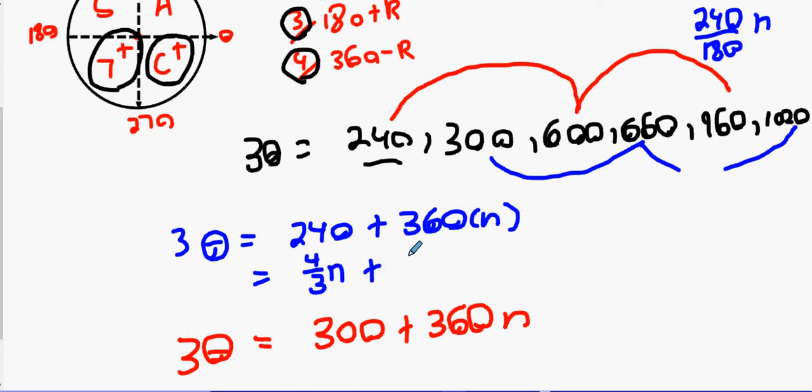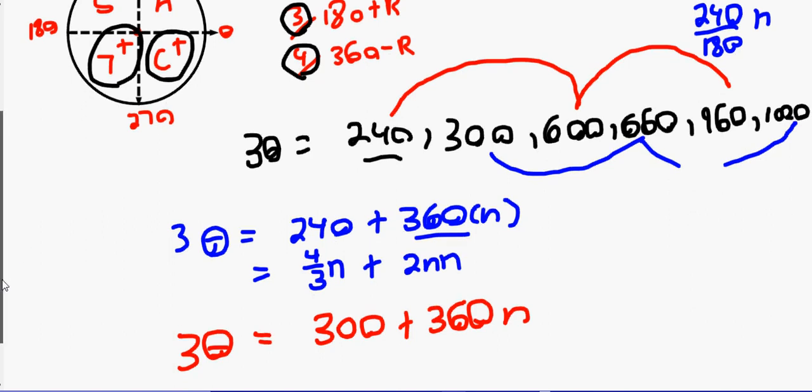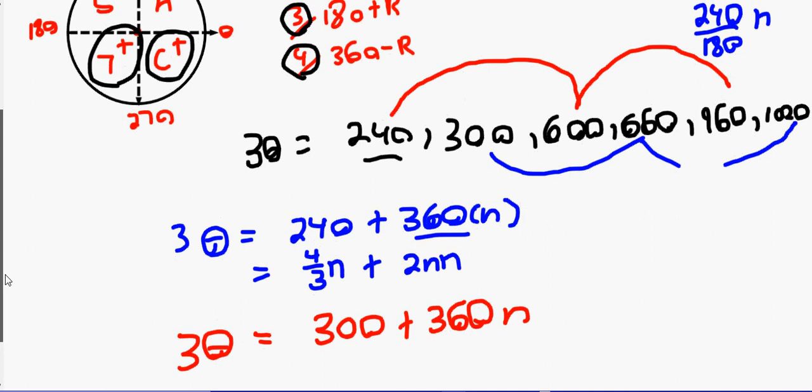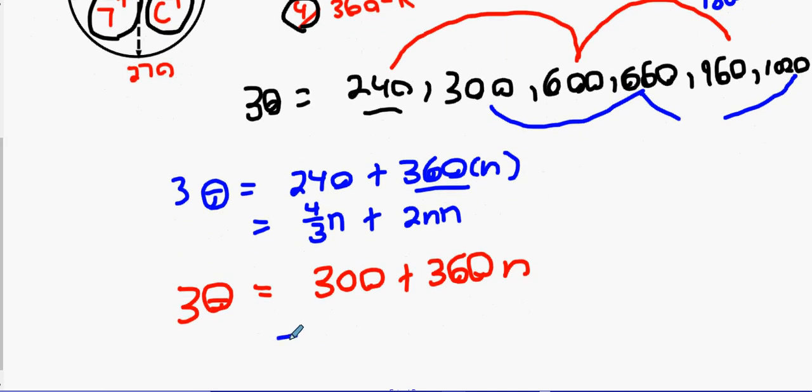And everybody knows 360 is 2 pi. And what about 300? What's 300 divided by 180? 5 pi over 3, is it? Plus 2m pi. We're just converting the 360 into 2 pi.